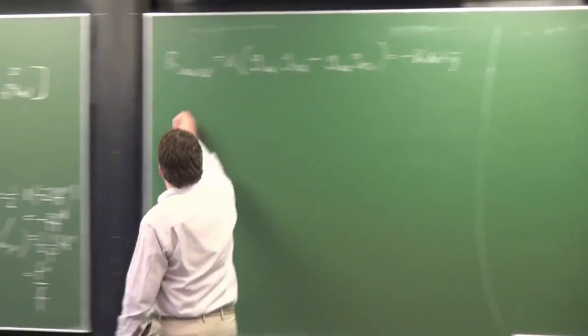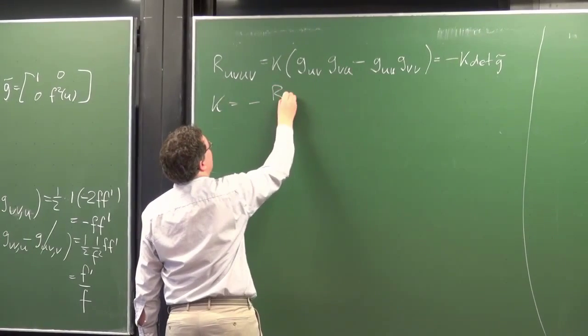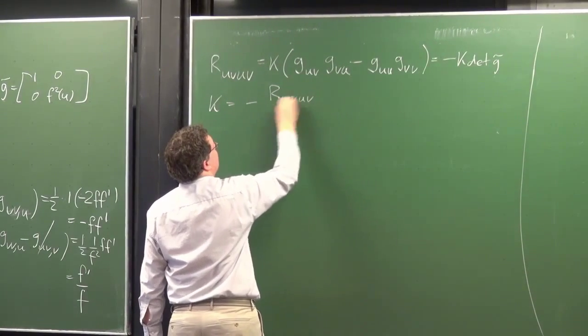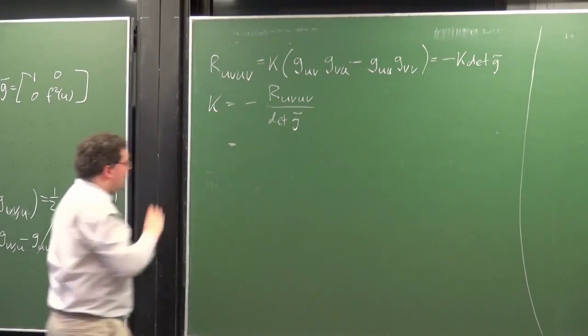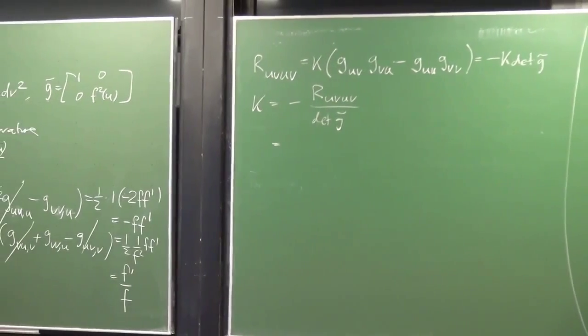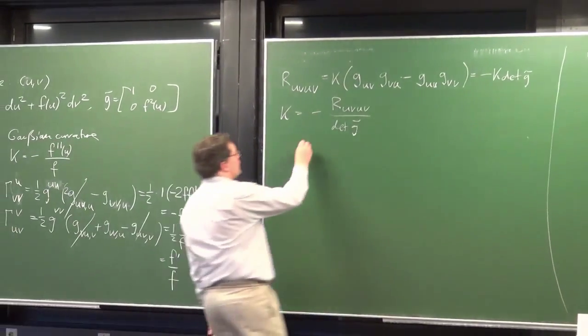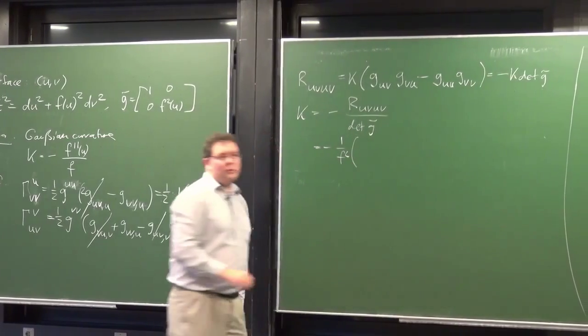So we see now that the Gaussian curvature K is actually minus the component R_UVUV divided by det G. Well, I'm afraid we have to work it out. What is det G? It's just f squared, right? So it's minus 1 over f squared into, well, this component of the Riemann tensor.